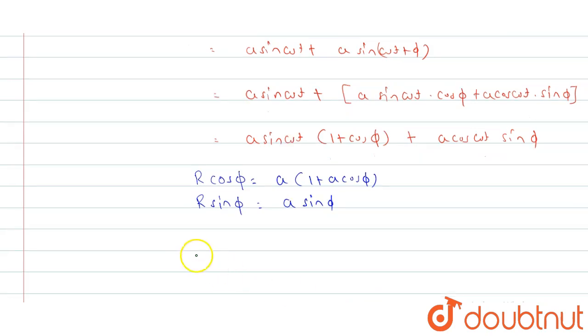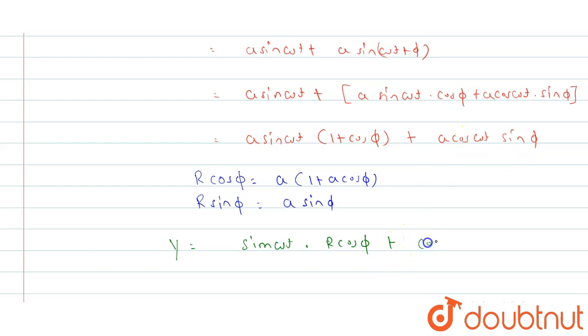Now putting this, we get the resultant displacement y is equal to, in case of A into 1 plus cos phi, we put R cos phi, that is sine omega t multiplied by R cos phi, plus, in case of A sine phi, we put R sine phi, right?